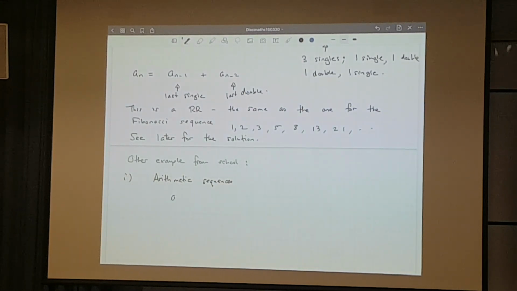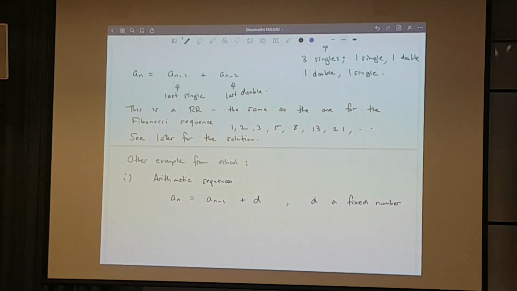So the recursion relation for an arithmetic sequence is that we always add some number to get the next number, right? So a_n is a_{n-1} plus some d, where d is some fixed number. And you know the solution to this.